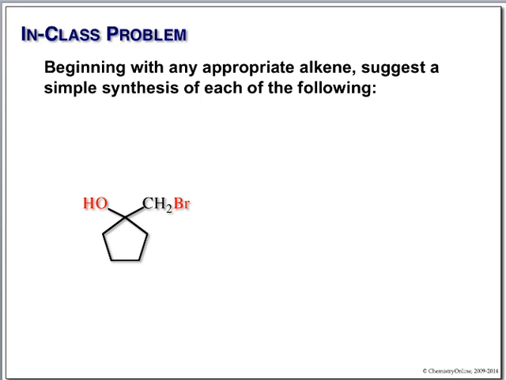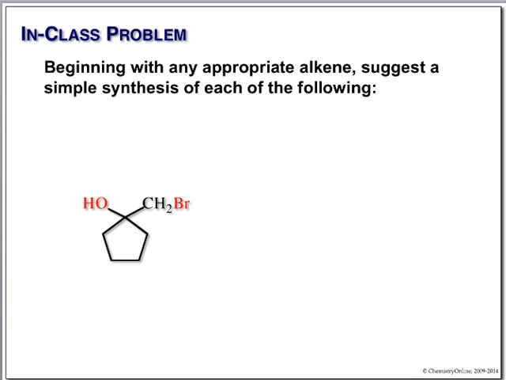We know that when we do that, the hydroxyl group will have Markovnikov regiochemistry, which means it adds to the carbon that would give the most stable carbocation. Well, this works because this is a primary carbon, and this is a tertiary. So yes, we can do this with a simple addition of HOBr.